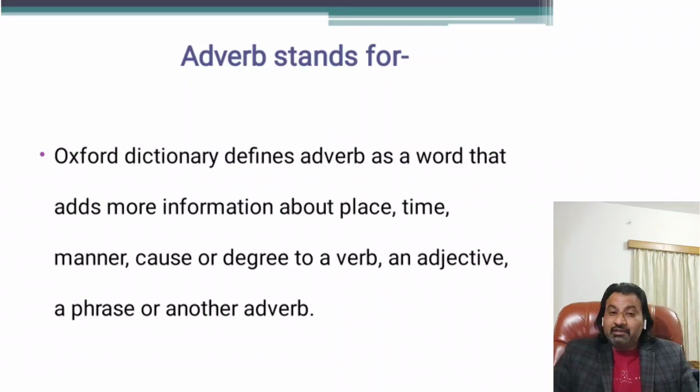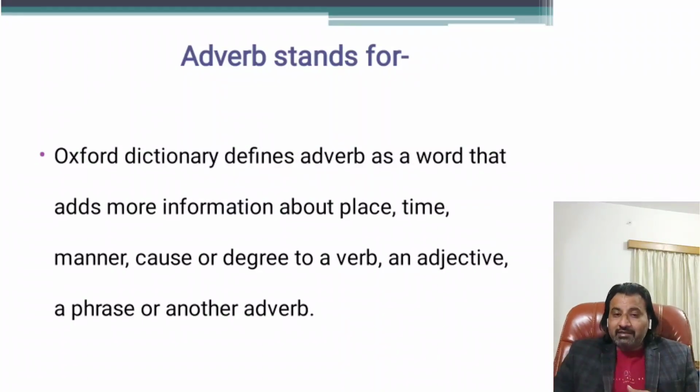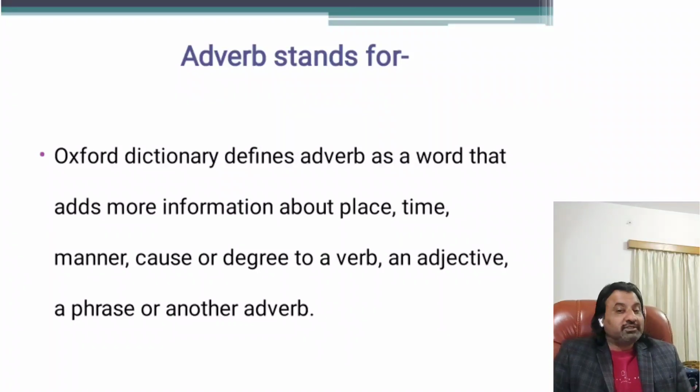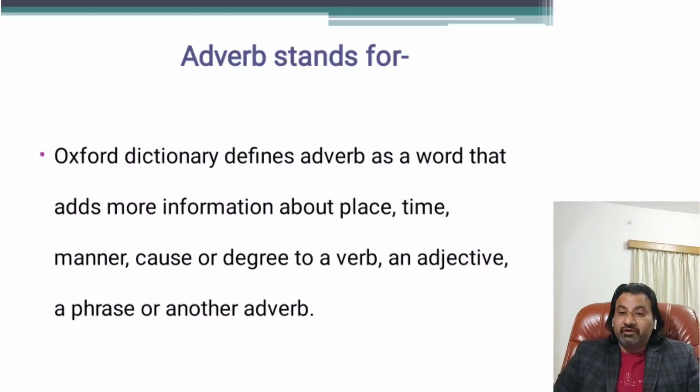So it answers the question how something is done, when something is done, where something is done, and to what extent something is done. The Oxford Dictionary defines adverb as a word that adds more information about place, time, manner, cause, or degree to a verb, an adjective, or another adverb.